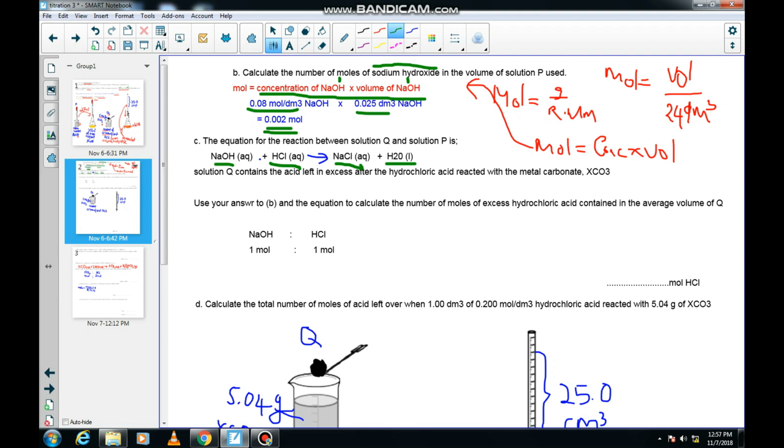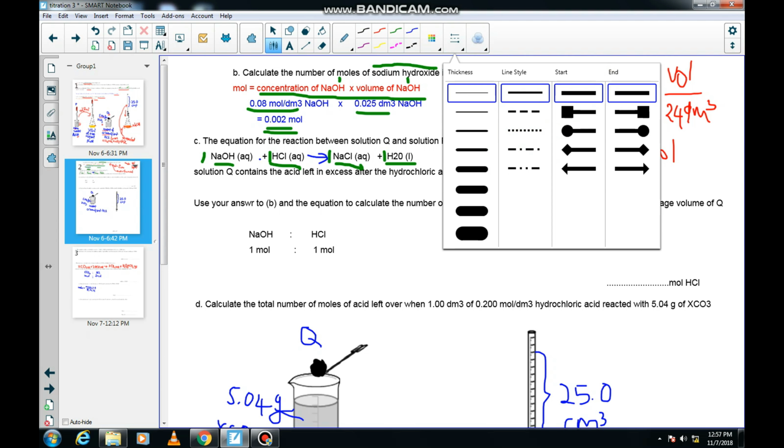And this equation balances as 1 mole of sodium hydroxide reacts with 1 mole of hydrochloric acid to give 1 mole of sodium chloride and 1 mole of water. And the question continues to say, solution Q contains the acid left in excess after the hydrochloric acid reacted with the metal carbonate.